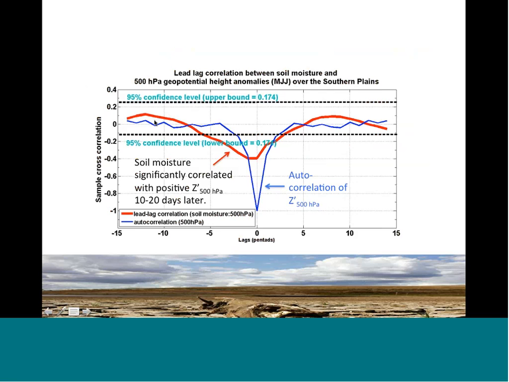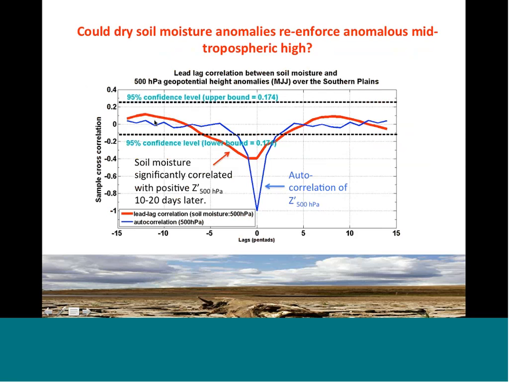First of all, we look at the lead-lag correlation between the soil moisture anomalies and the 500 hectopascal geopotential anomalies, and compare that to the autocorrelation of the 500 hectopascal geopotential anomalies. Here, the red curve shows the lead-lag relationship between soil moisture and the 500 hectopascal geopotential anomalies. The lead phase suggests the soil moisture leads the 500 hectopascal geopotential.